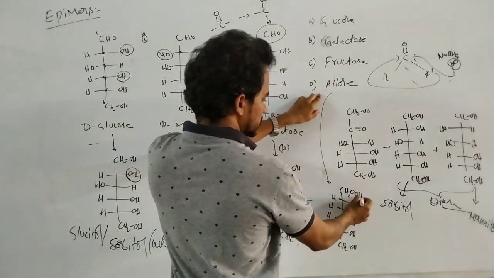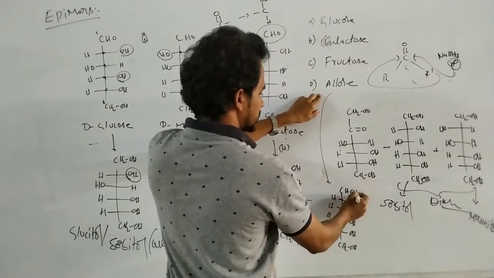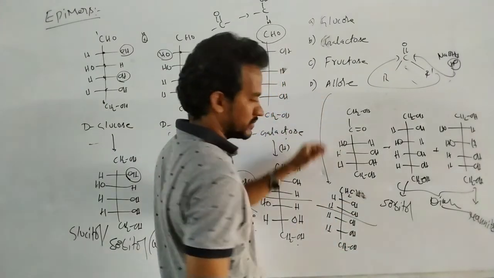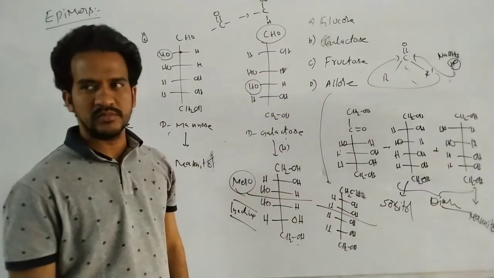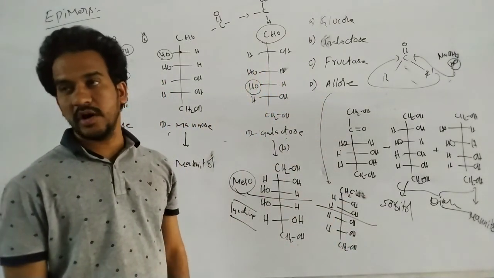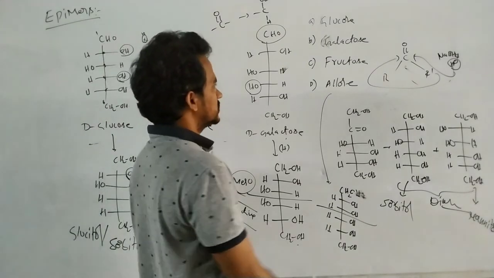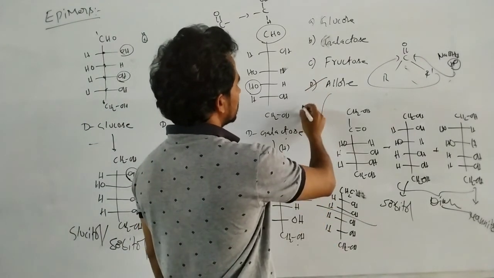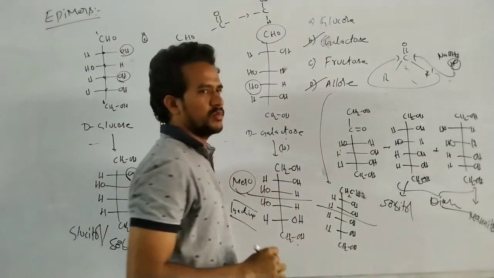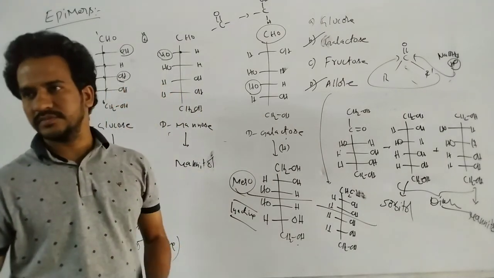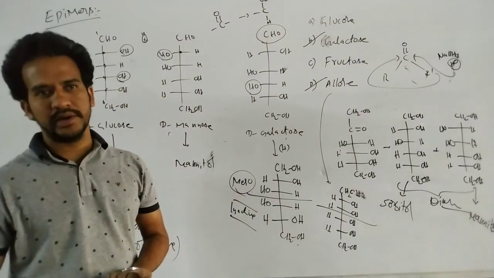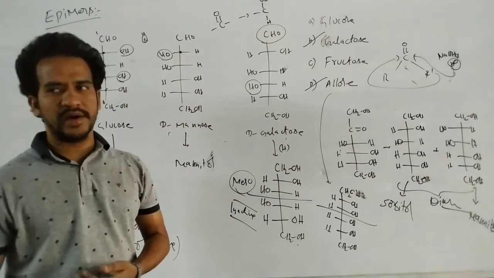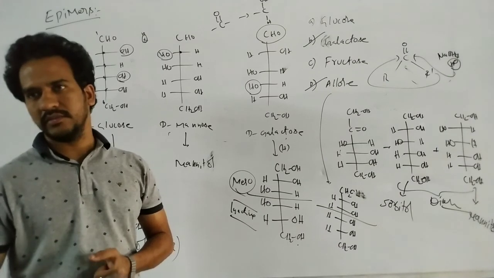On reduction, it is converted to CH2OH. Now this one has a plane of symmetry and produces a meso compound, an optically inactive compound. So this one and galactose produce meso compounds, optically inactive, on reduction with sodium borohydride, lithium aluminum hydride or H2 nickel.